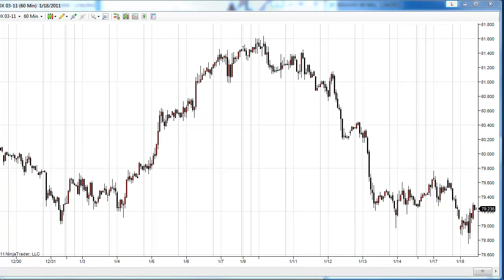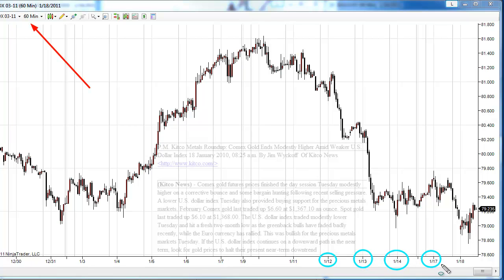Traders, of course, the big news today is the relative weakness of the US dollar. What I've done here is this is a dollar index chart that I have just put up, and it is a 60-minute candlestick chart so that you can see that each day is benchmarked on the bottom right here.